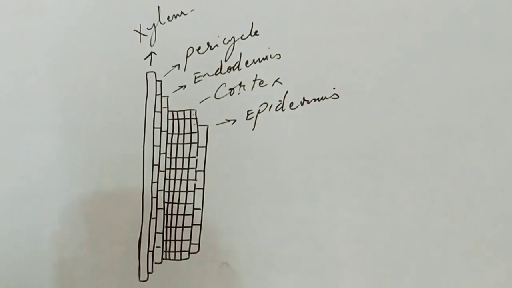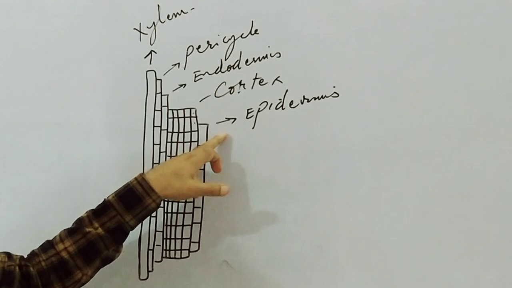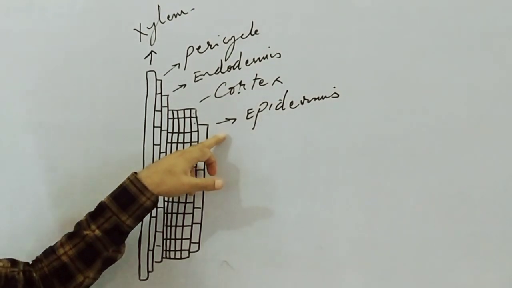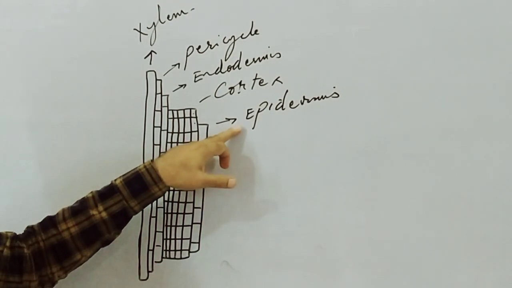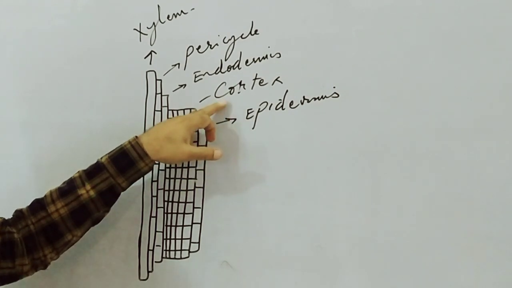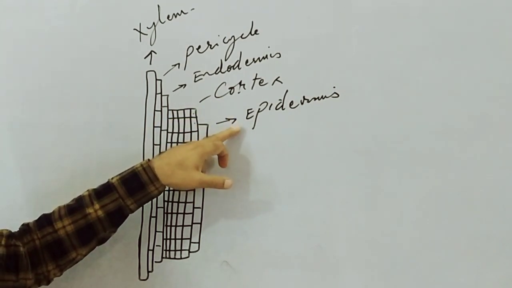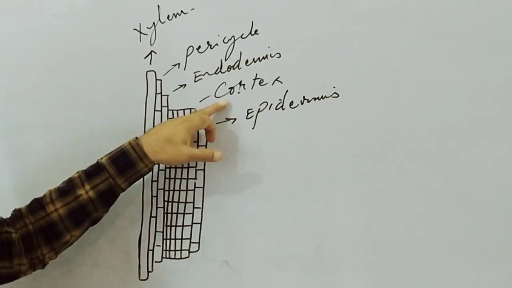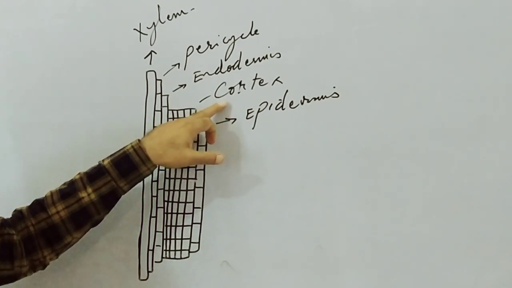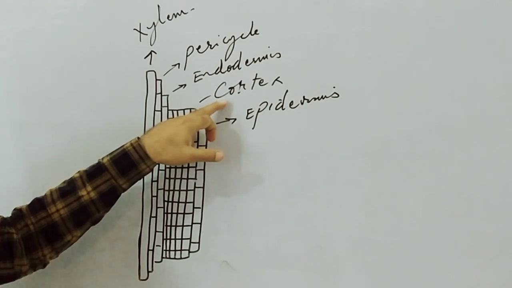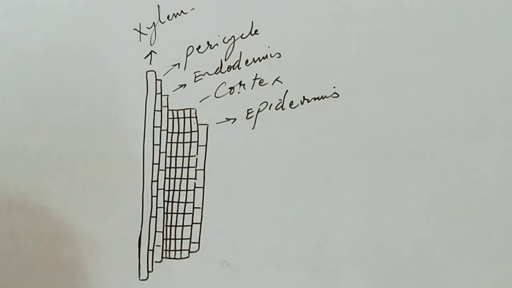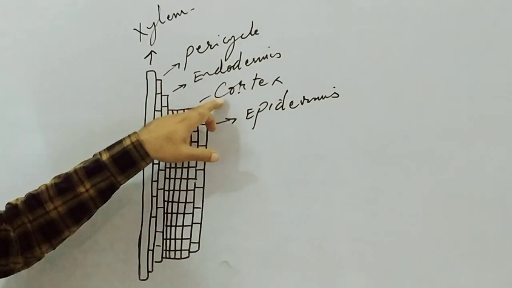If we look at the structure of the root, the outermost layer is the epidermis, which is 1 cell in thickness. Inner to the epidermis there is a cellular layer called the cortex, which is 5 cells in thickness.